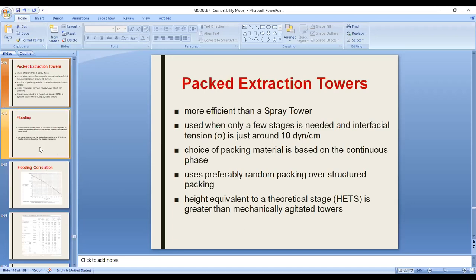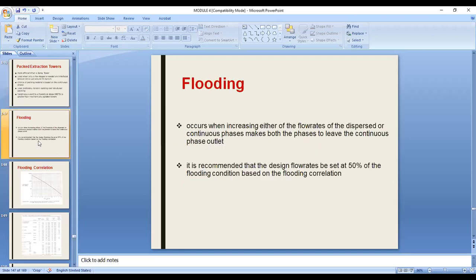Now, when we go to design, I'm sure you already have enough of this flooding thing, but when we design our extraction tower, it's also based on the flooding. When is our tower flooded? So what is this particular condition of flooding? So this occurs when increasing either the flow rates of your solvent or feed phases makes both of the phases leave the continuous phase outlet.